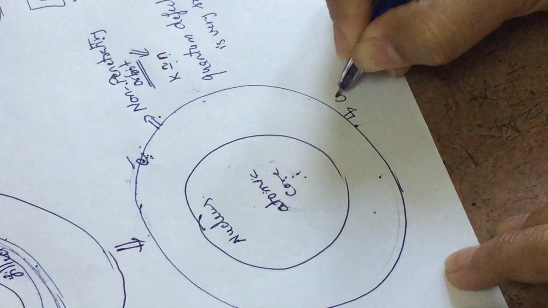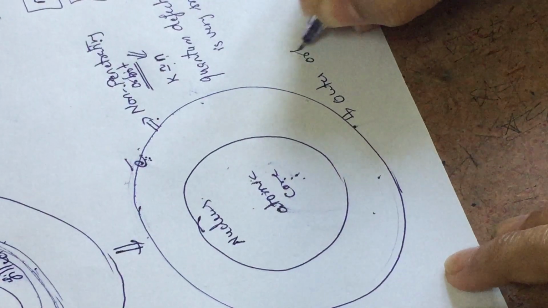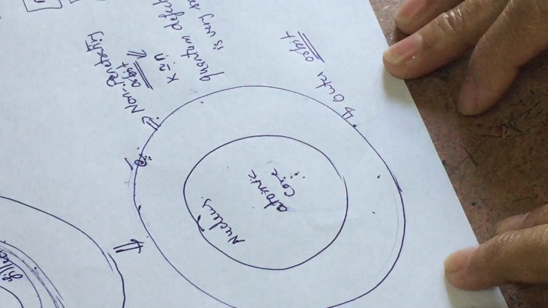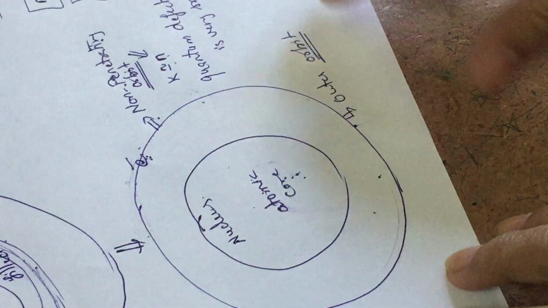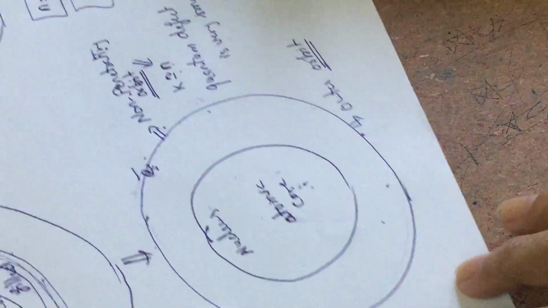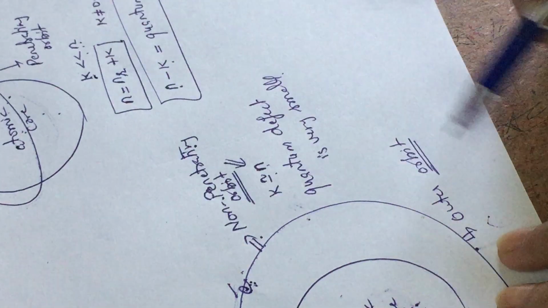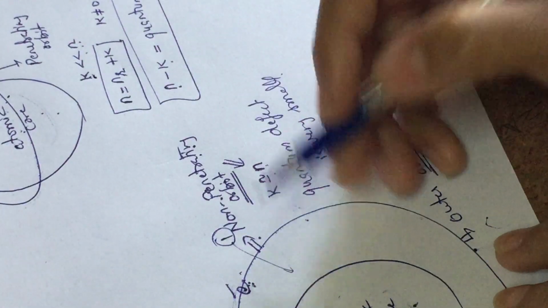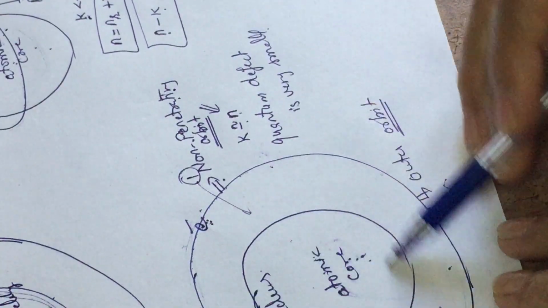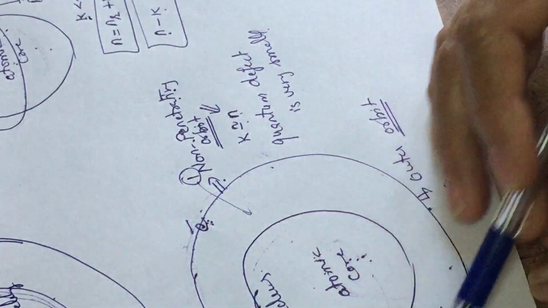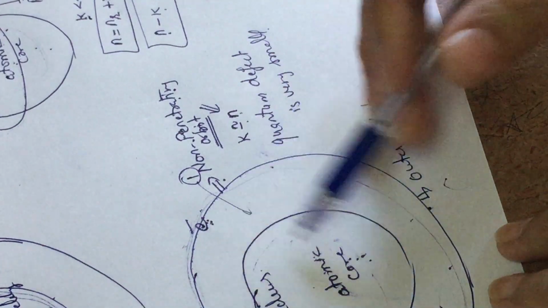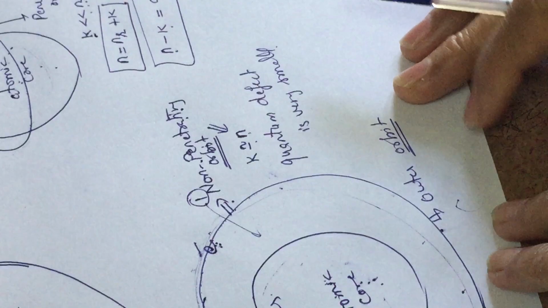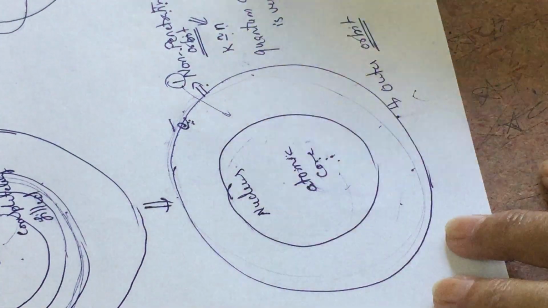This is the outer orbit which will give the definition of a penetrating or non-penetrating orbit. If the orbit is non-penetrating, then you have to show that the atomic core and the orbit are not intersecting at any point, or the orbit is not passing through your atomic core.